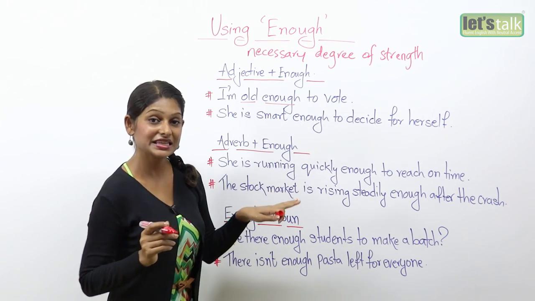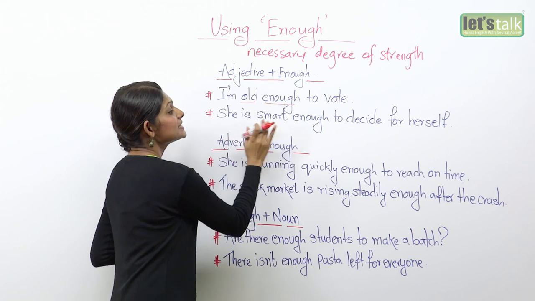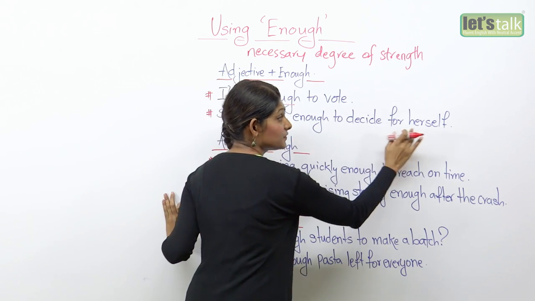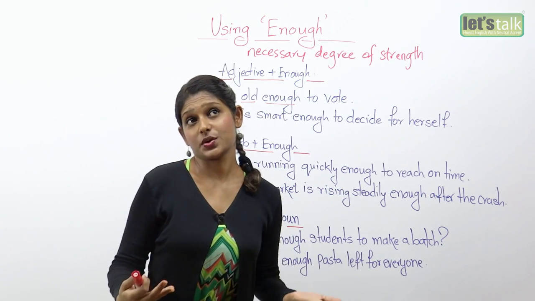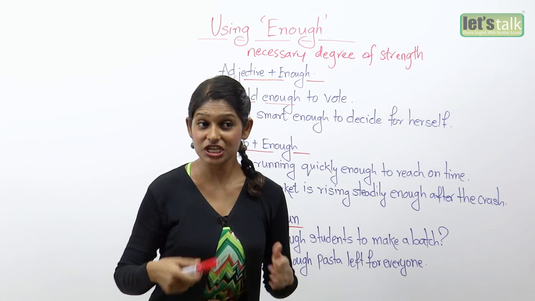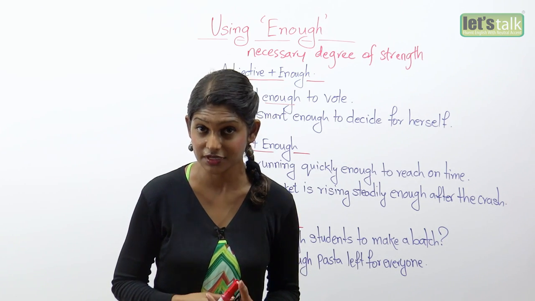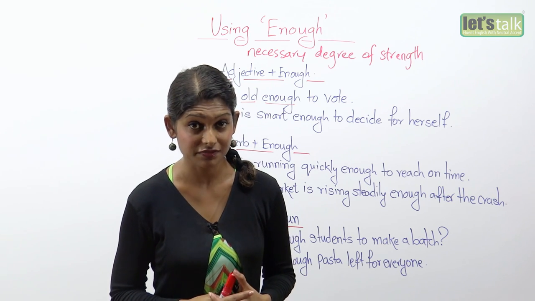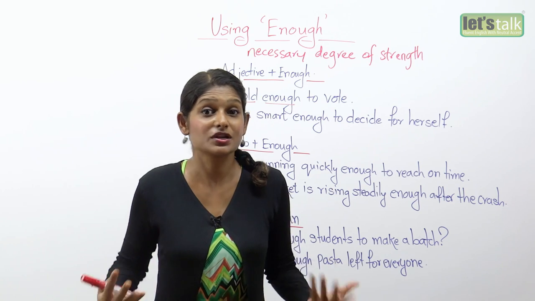Okay, explaining enough in a second sentence with an adjective. She is smart enough to decide for herself. Say a girl is going through a lot of problems in a relationship, and maybe she has enough intellect to decide for herself. She knows what is better for herself, and she does not need anybody's advice or anybody's help.